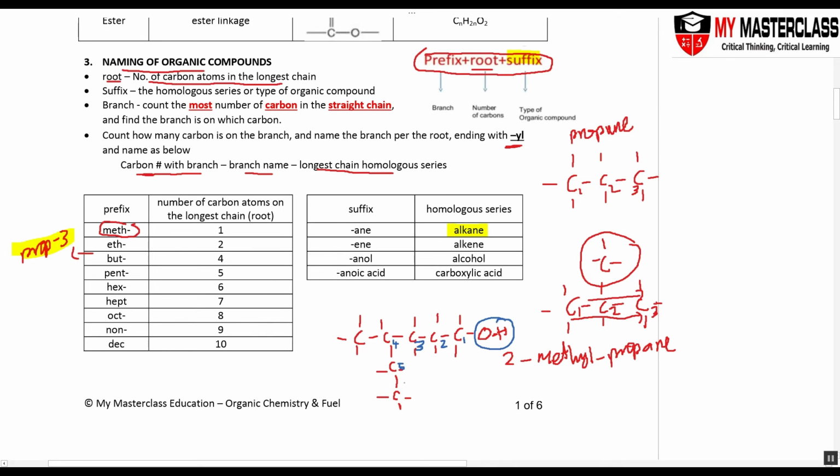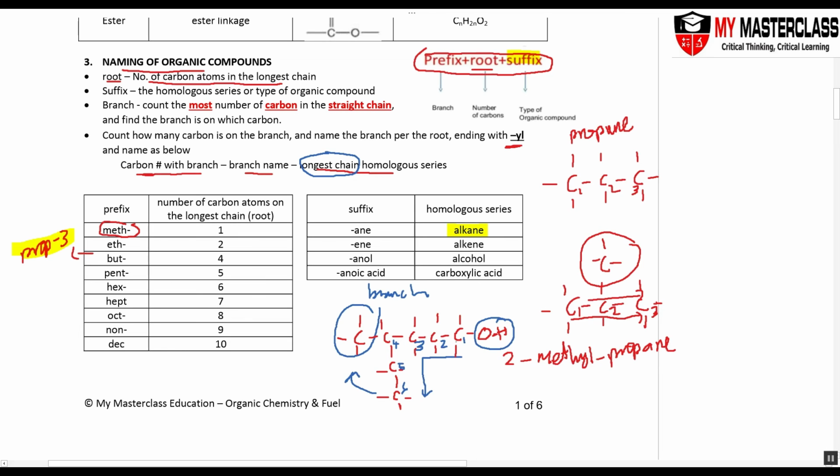5, 6. Even though you see that this is bending down, organic molecules are 3-dimensional. So I can actually straighten it to this part, and this one will become a branch. So this is what we mean by looking for the longest straight chain.